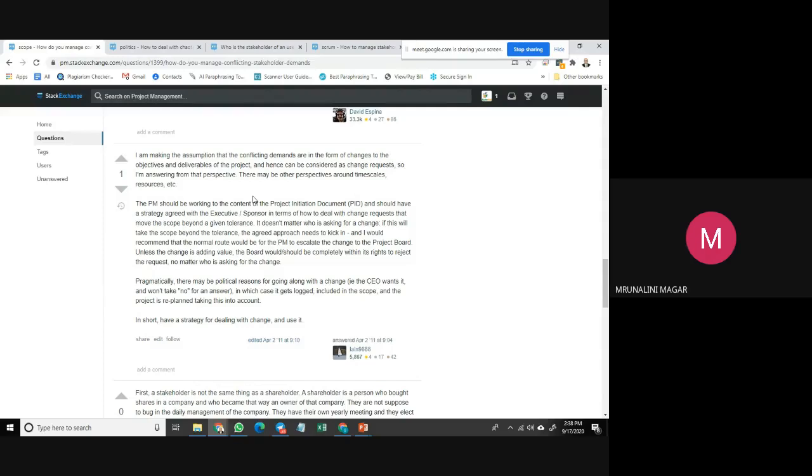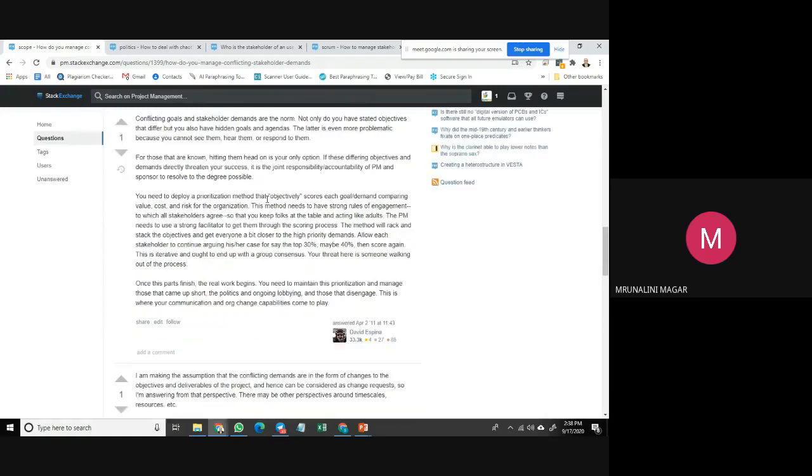In one suggestion they have said that prioritization has to be done objectively and each goal scored. Each stakeholder has their own goal, and we can compare the value, cost, and risk for the organization, all of that. This method needs strong rules of engagement, and all stakeholders must agree.